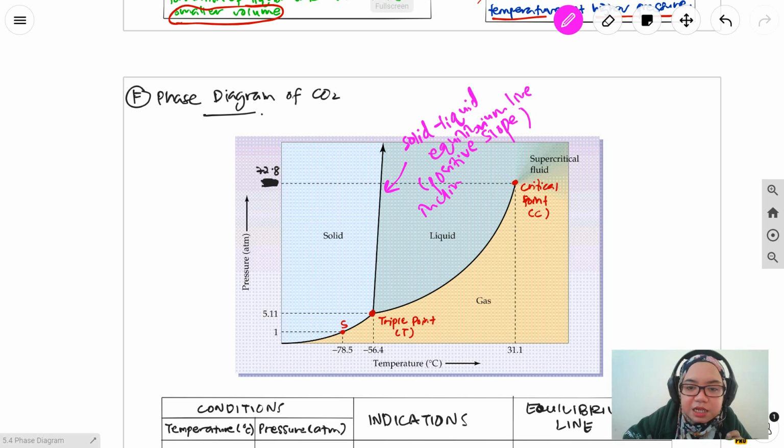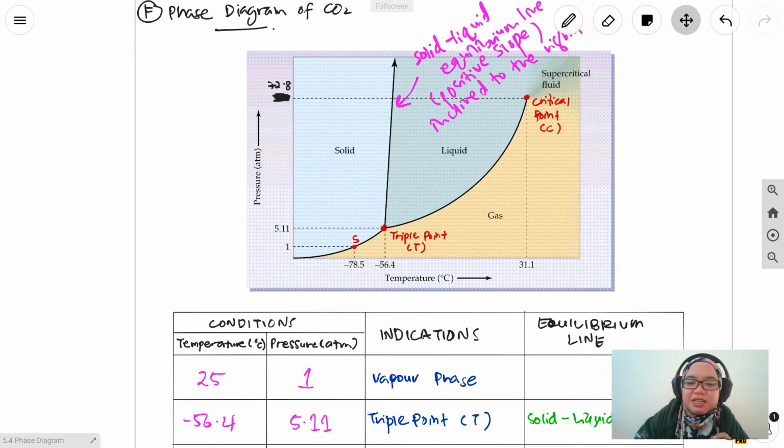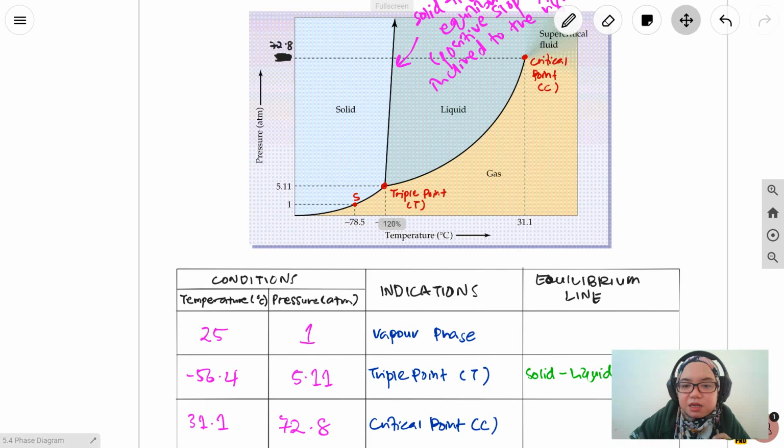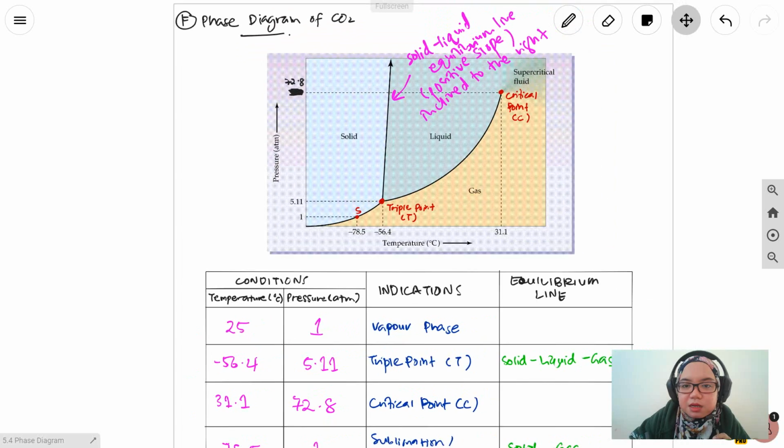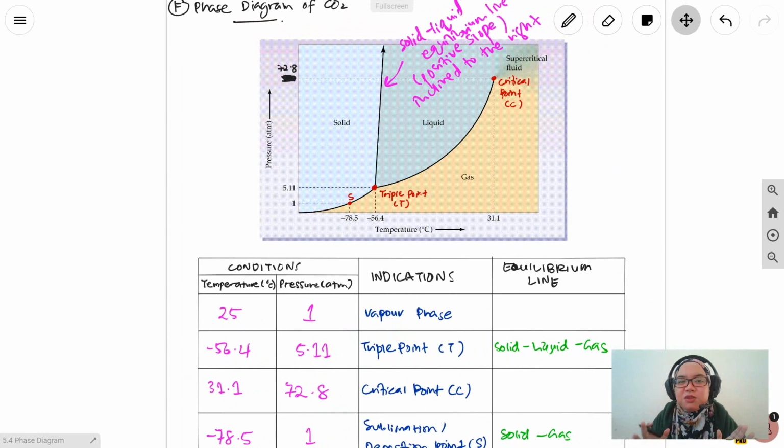Maksudnya dia incline to the right. Okay, so dia adalah typical lah, typical phase diagram yang memang sepatutnya satu-satu phase diagram ada.